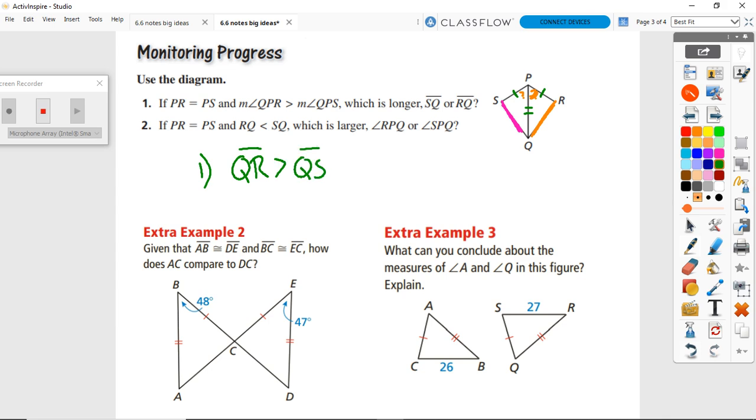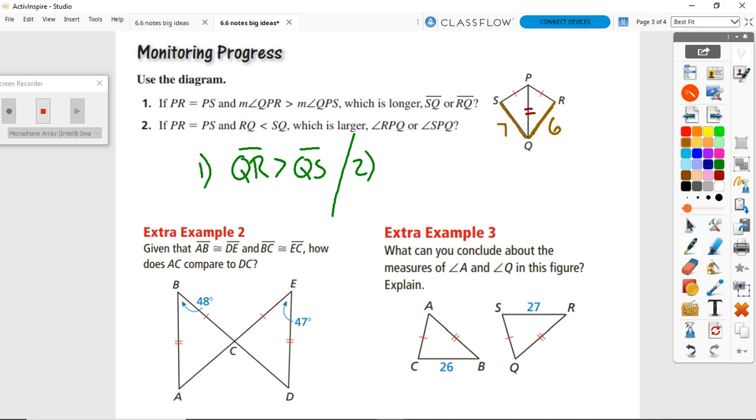All right, and the second one. In the second example, or monitoring progress question, now we're taking a look at RQ being less than SQ. So if you want to throw numbers in now, you can do that, just to make it easier for yourself. Which would be larger?